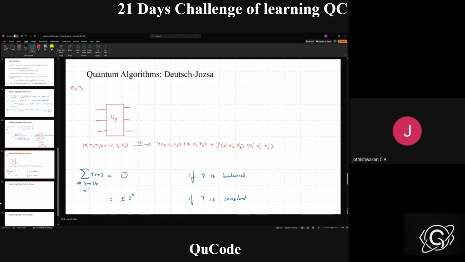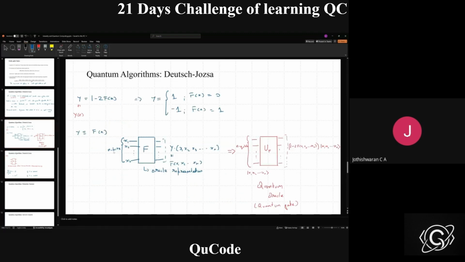So let me quickly take 1 second because I saw a relevant question. Anusha has asked, can I explain why y is equivalent to f of x? Because every time f of x is 0, y of x is 1.